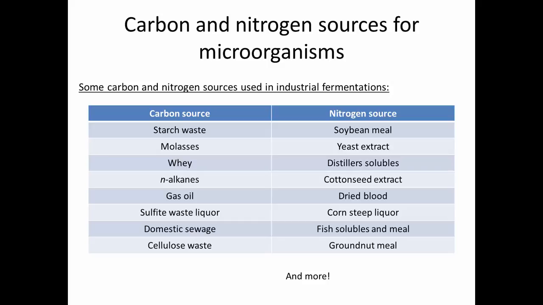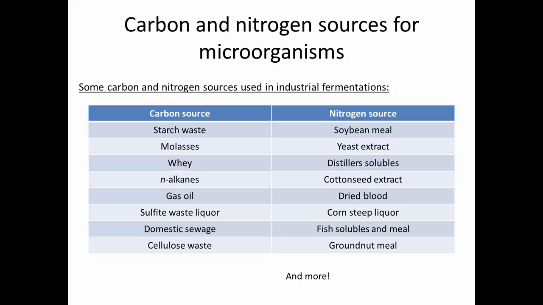Yeast extract also contains a lot of protein. A lot of these things have one common thread in that they contain a lot of protein. You can also use many more different things. For nitrogen sources, you can use just pure urea or ammonia. Carbon source, you can just use refined glucose. Depends on what you want to do. But in a lot of these cases, you're using waste products and extracts because you are trying to reduce the cost of microbial fermentations.